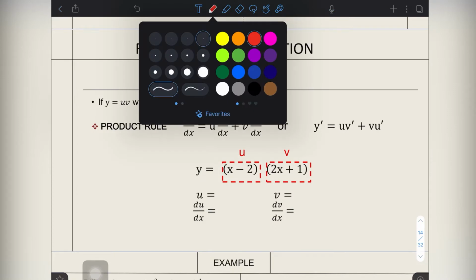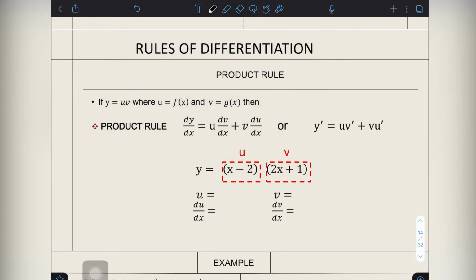Okay, let's move to the rules of differentiation on how to use the product rule to differentiate a function. For your information, we will use the product rule when you have two different functions separated by multiplication. For example, you have the equation y equals (x minus 2) multiplied by (2x plus 1).